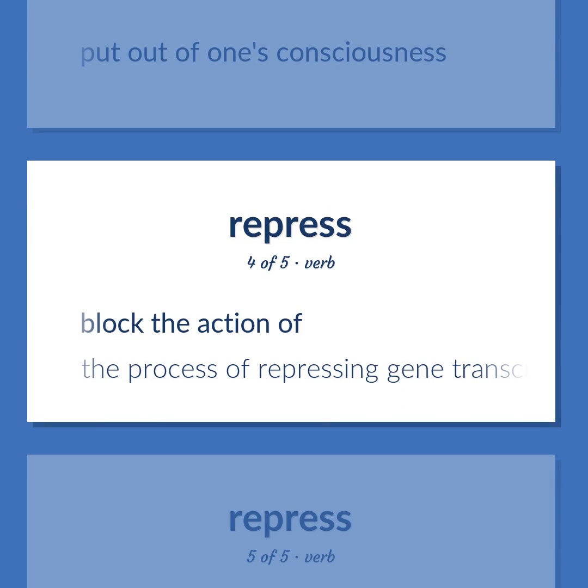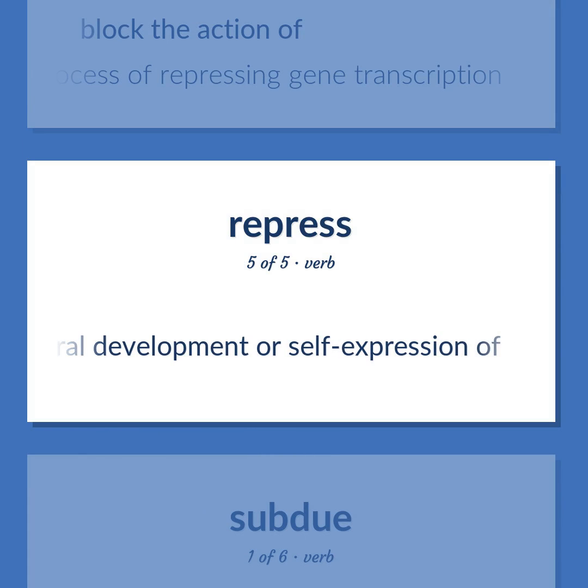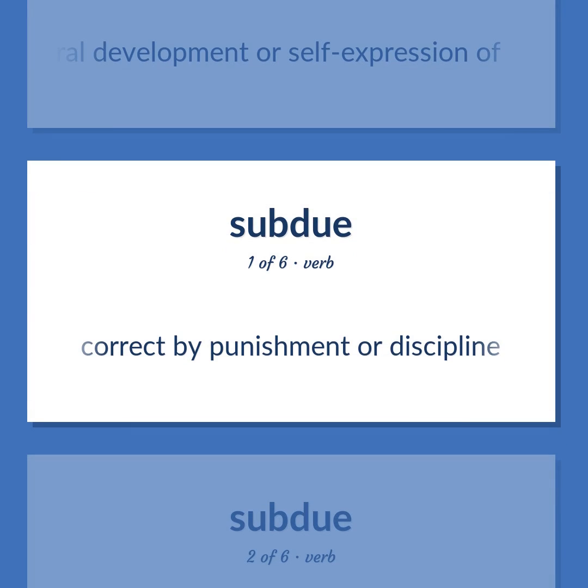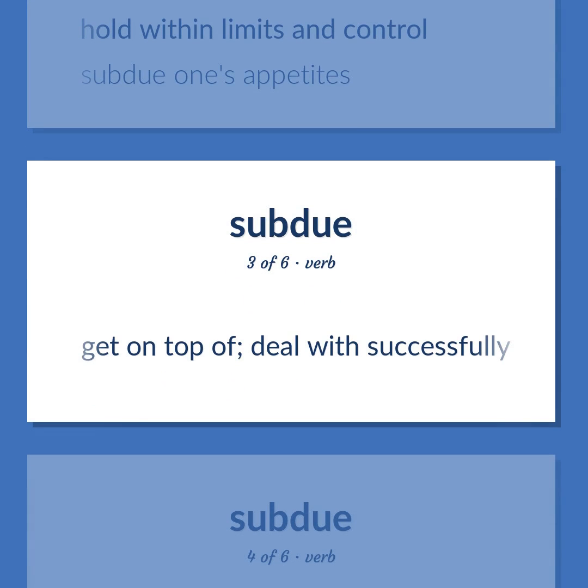Block the action of. The process of repressing gene transcription. Impede or hinder the natural development or self-expression of. Correct by punishment or discipline. Hold within limits and control. Subdue one's appetites. Get on top of. Deal with successfully.